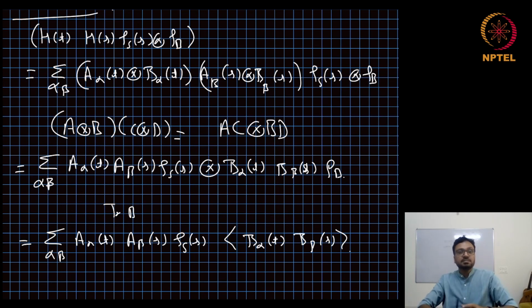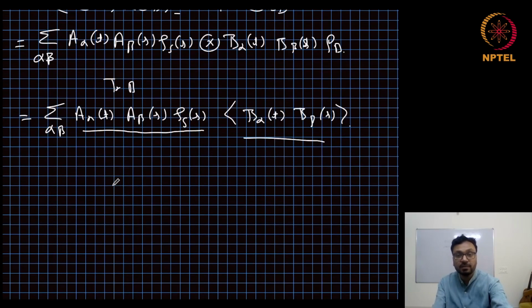So the first term, that is H t, H s times rho s, rho b, traced over the bath degrees of freedom, results in an expression in terms of A alpha, A beta, and rho s, and the expectation value of the product of two Bath operators, B alpha at t and B beta at s. And this is the 2-point correlation function in time of the Bath operators.